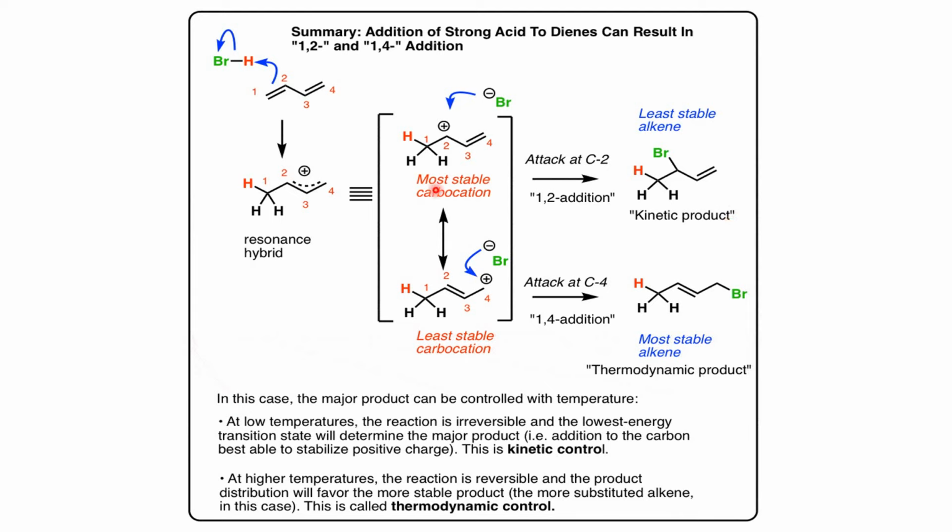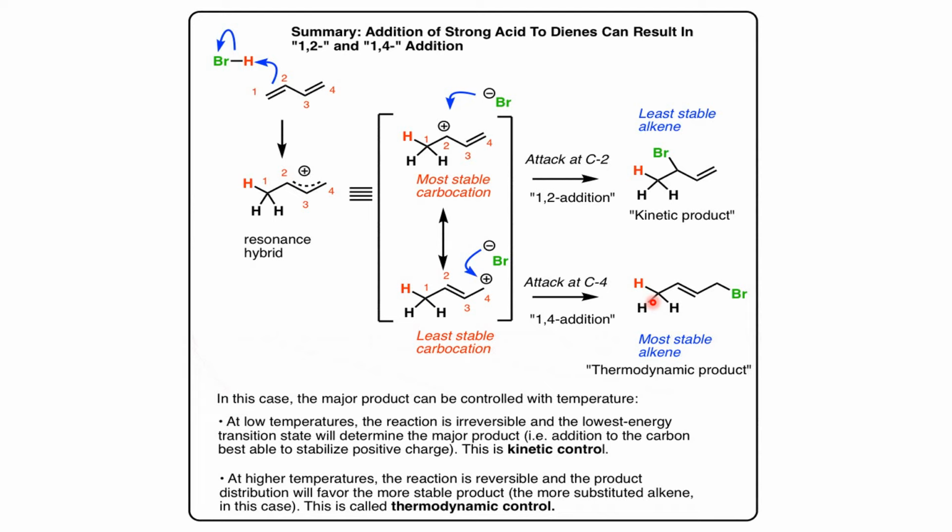And when the bromide ion attacks this carbocation, then we'll get the thermodynamically controlled product, which has the more stable alkene. So at low temperature, the reaction is irreversible, and the lowest energy transition state will determine the major product. Already I explained, and this is kinetic control.